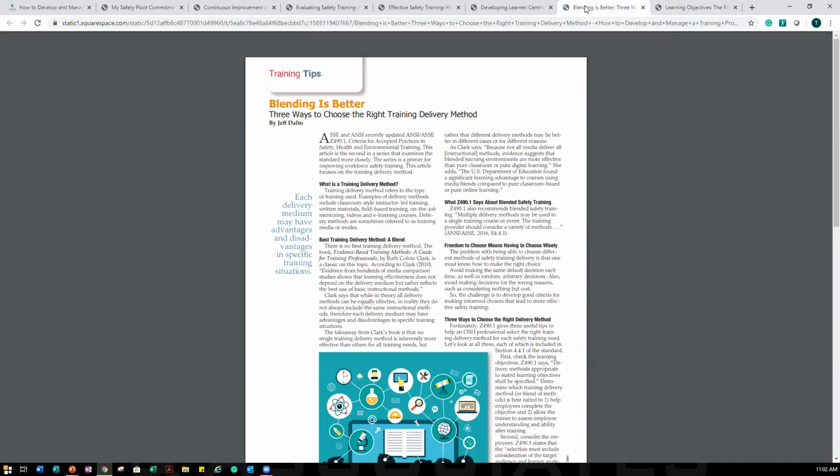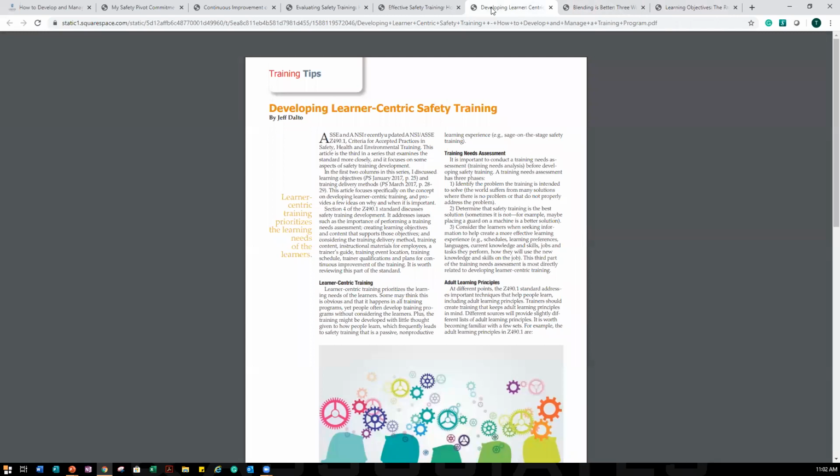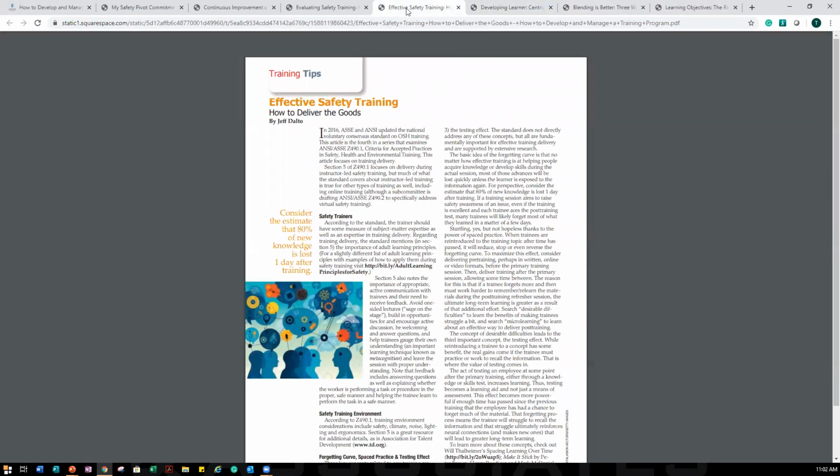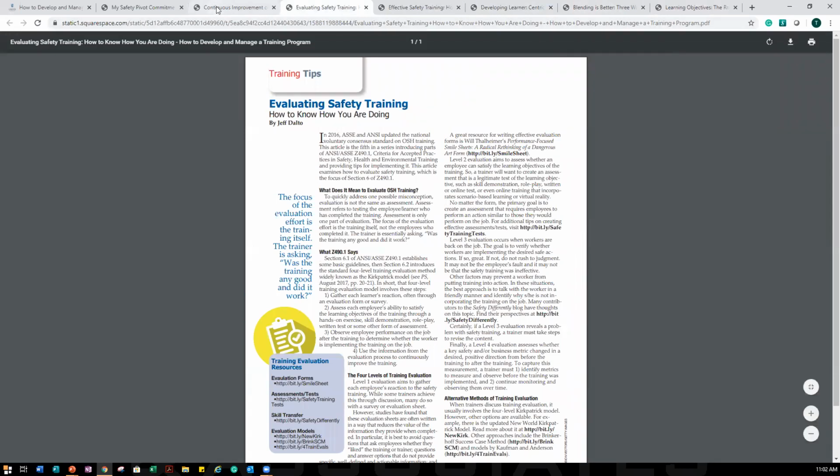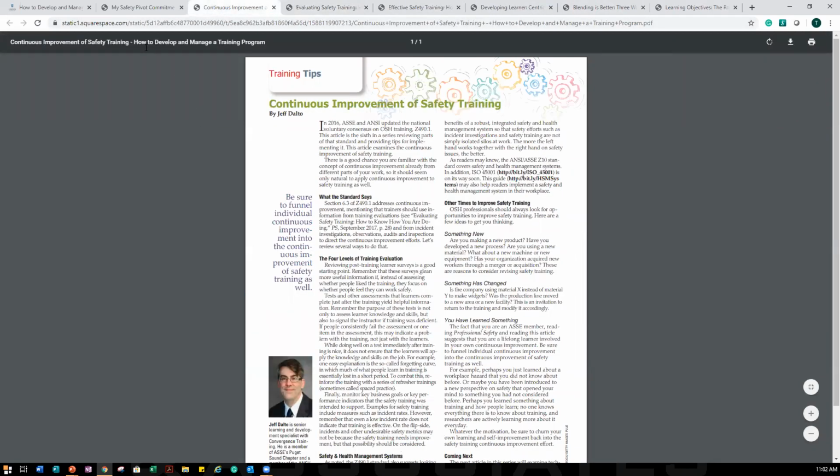The next one is blending, the ways to choose the right training delivery method. There's a lot to this. Then there's a developing learner-centric safety training article, effective safety training, evaluating safety training, and a little bit about continuous improvement training, which as a learning organization I think is critical.